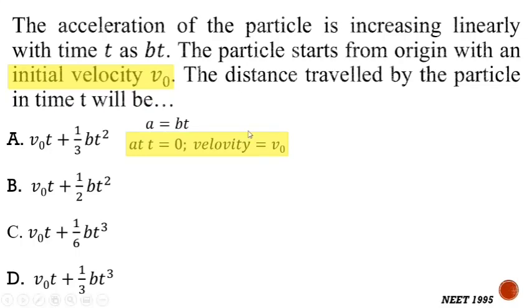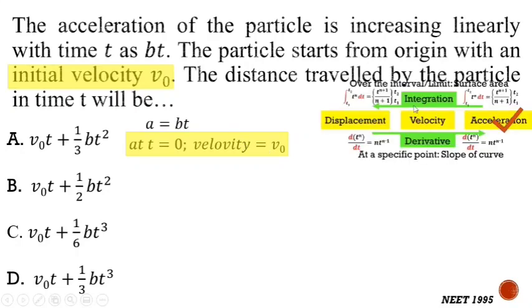So at time t equal to 0, velocity is equal to v0. Here we can see the acceleration is given, and finally we need to find out the distance travelled by the particle in time t. To find out distance, we need to take the integration 2 times, because integration of acceleration will give the velocity and integration of velocity will give the displacement.